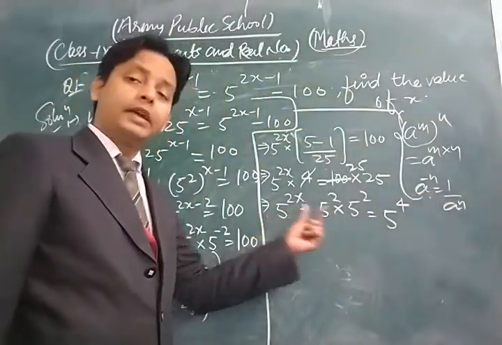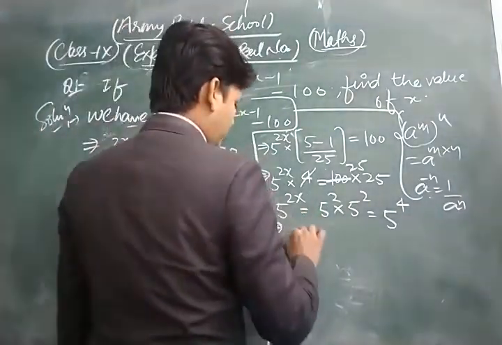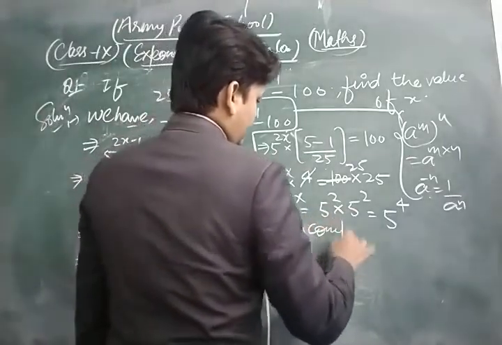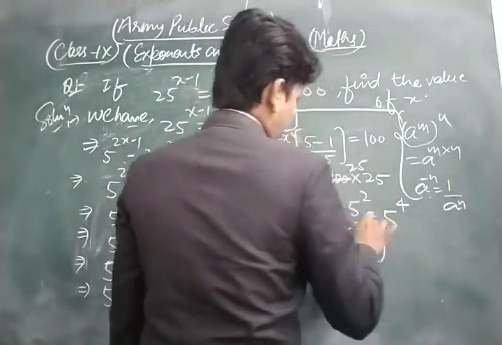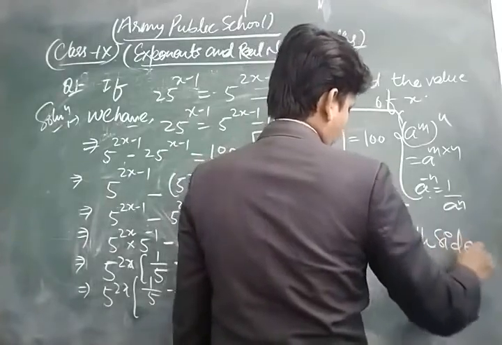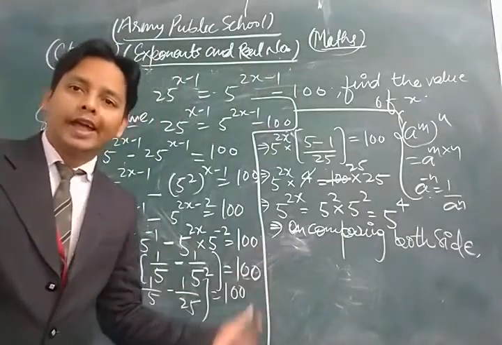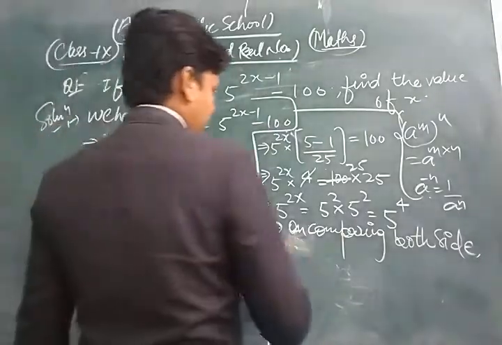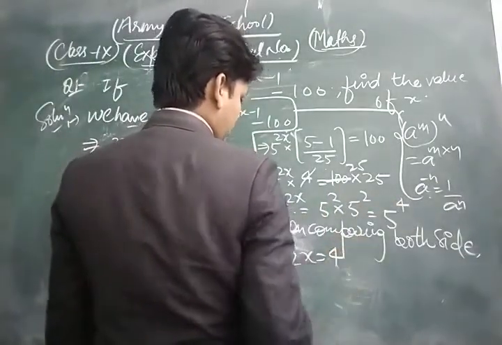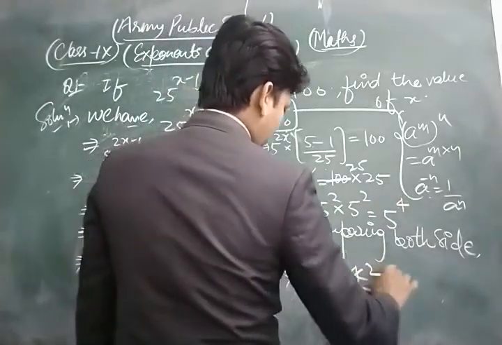Now comparing both sides, according to the laws of exponents, we write 2x is equal to 4. That implies that x is equal to 4 upon 2.